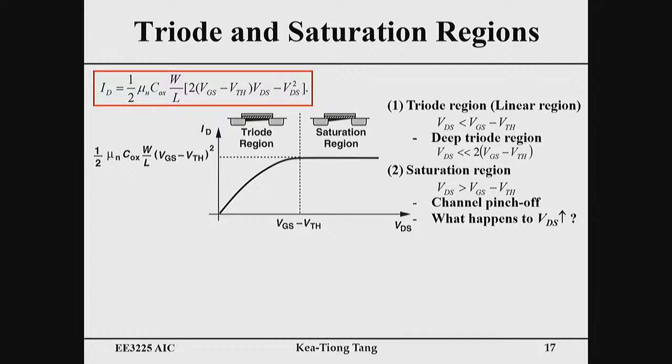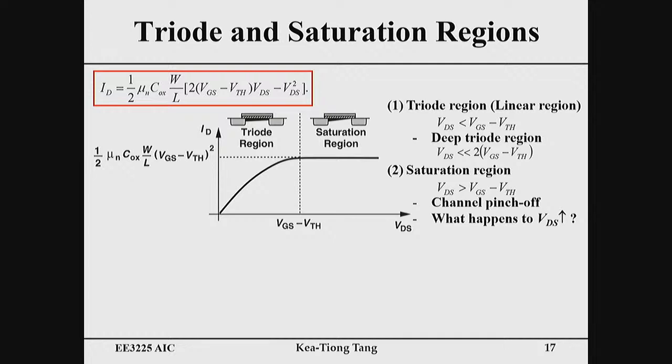And in the triode region, we can classify it into two regions, or maybe we can get into a little more detail. If VDS is really small, then VDS and ID, the drain to source voltage and the drain current, are linearly dependent. It behaves like a resistor.